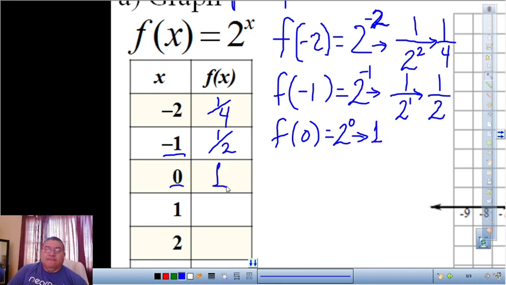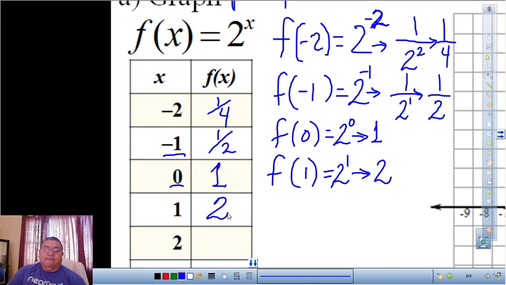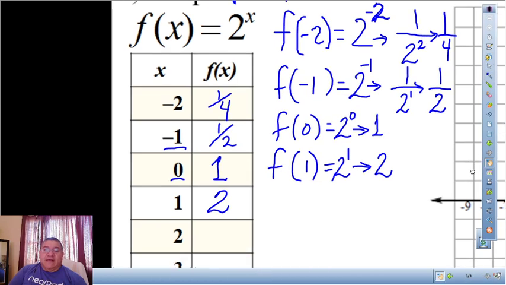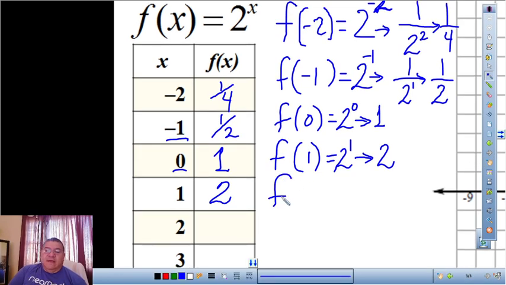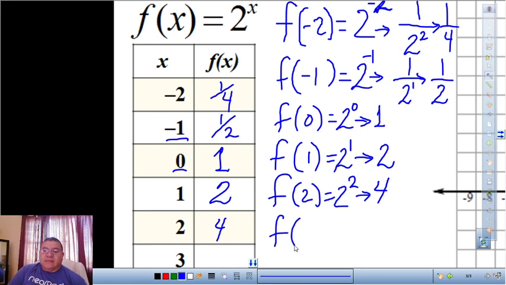That goes right there. Next one, f of 1, which is 2 to the 1. What is 2 to the 1 power? 2. That is correct. The next value, f of 2, which is 2 to the second power, which is 4. That goes right there. And the last one, f of 3, which is 2 to the third power. What is 2 times 2 times 2? Right, 8. Right there.